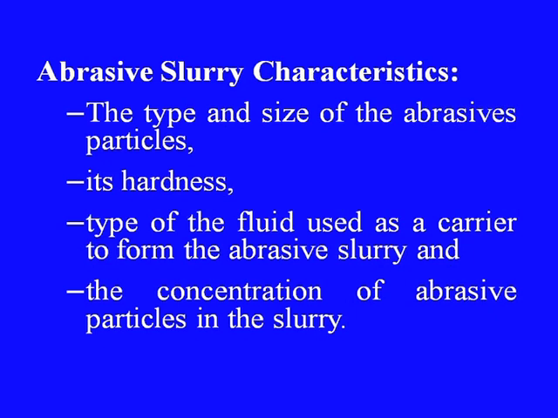Then abrasive slurry characteristics should be like the type and size of the abrasive particles, their hardness, then the type of the fluid used as a carrier to form the abrasive slurry and the concentration of the abrasive particles in the slurry.